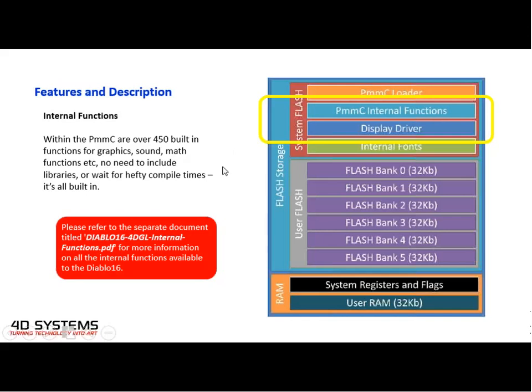So you don't need the long compile time, as all these functions are built in. Again, for a review of all the internal functions, you can always refer to the Diablo16 4DGL internal functions document available for this processor, which you can download from the website.